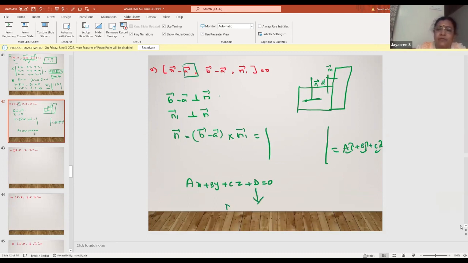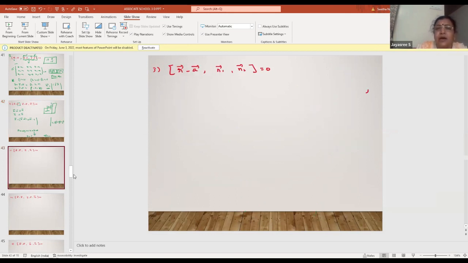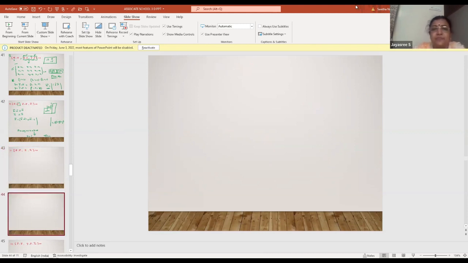Any one point, d value can be found, and then the equation can be found. So what I wanted to tell is, by looking at the question, the children should be trained in identification. When n1 and n2 are given, n1 should be a normal of one plane, n2 should be a normal of the other plane. So what can the question be?